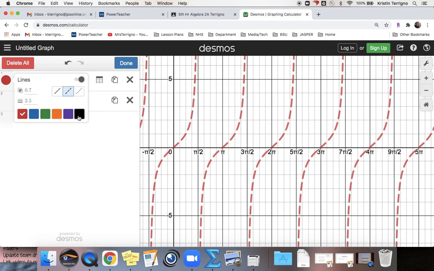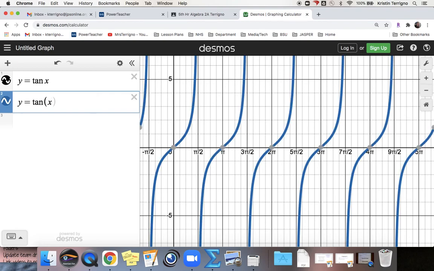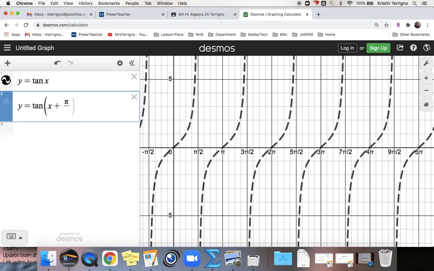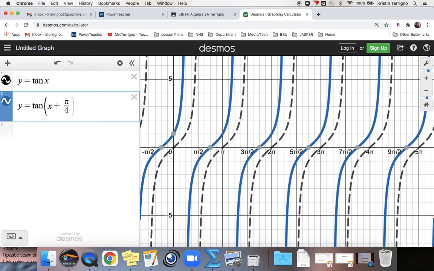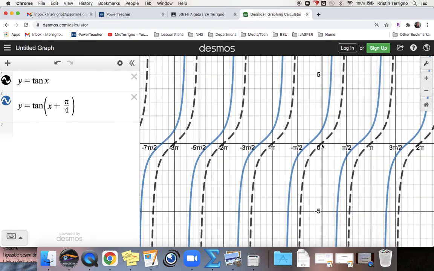If I typed in the first function that we came up with, that'd be y equals tangent of x plus pi over 4. You'll notice that we took this from the origin. Sorry, my graph is shifted way over. Here's my origin, and it shifted to the left by pi over 4. So that's the new function that I'm looking at.